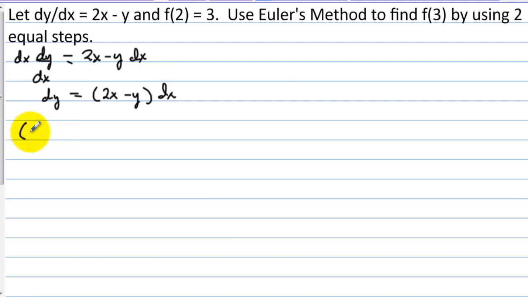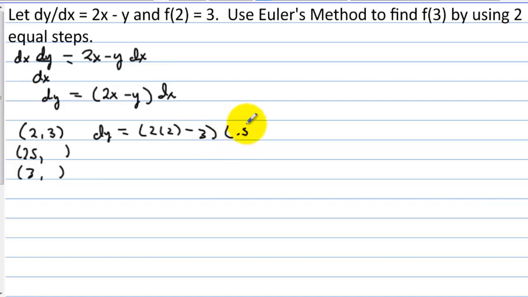Well, we're going to start with the point 2, 3, and we're going to find f of 3 with two equal steps. So we're going to do 2, 2.5, and then we get to 3. Well, dy is equal to 2 times 2 minus 3 times 0.5. We're going to change x by a half if we want two equal steps.